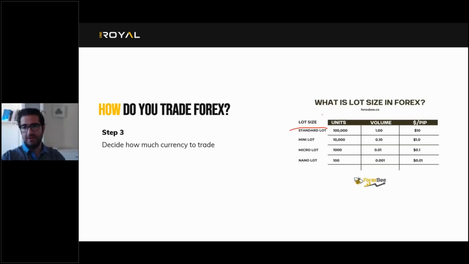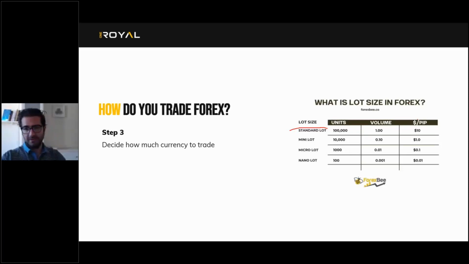That means if you put one standard lot as long, you are buying 100,000 euros. As we have seen in our previous webinar, you will not pay the whole amount if you trade on margin. You will pay maybe 1% of it, or 0.5%. It depends on the leverage.